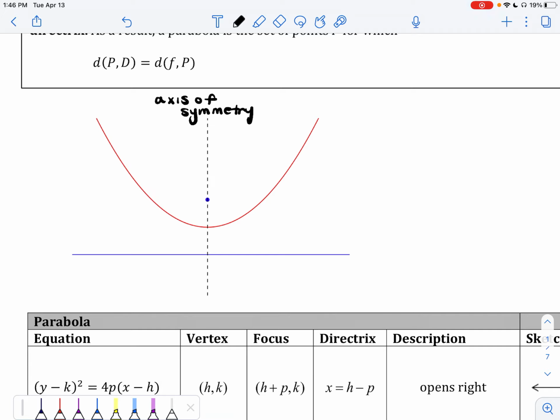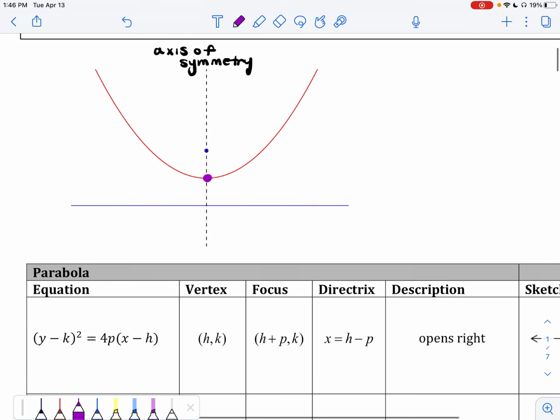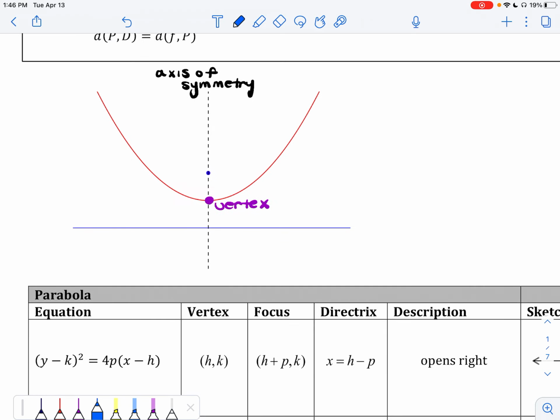Okay, and of course another point that you have all seen before is right here. The minimum point of this parabola is the vertex. Okay, now a few things that are new.